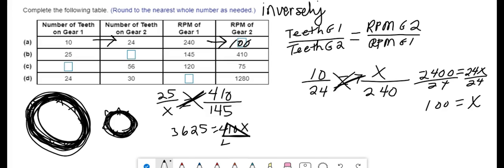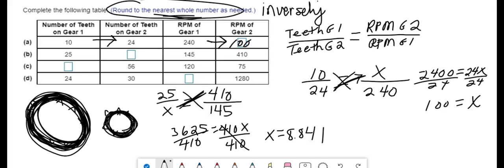Divide both sides by 410, and we get x is 8.841. Reading the instructions, round to the nearest whole number, so that's going to be a 9. Make sure it makes sense. As one goes down, the other one goes up. Yes.